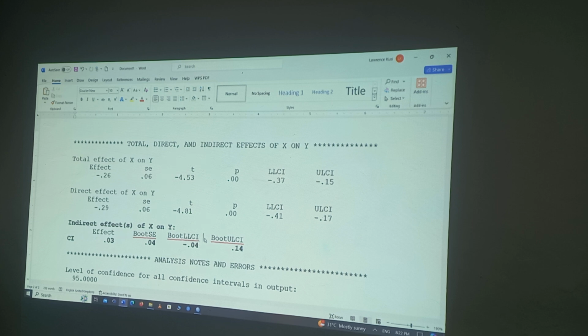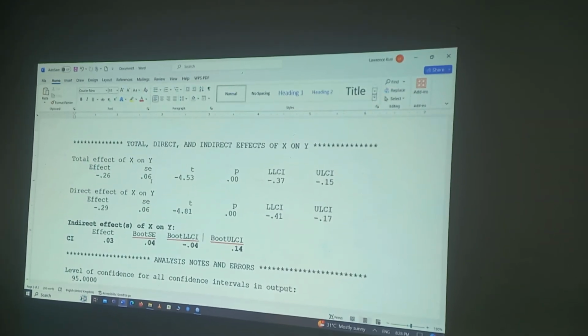If the direct effect is significant, but the inclusion of the mediator now makes it not significant, it is a full mediation.